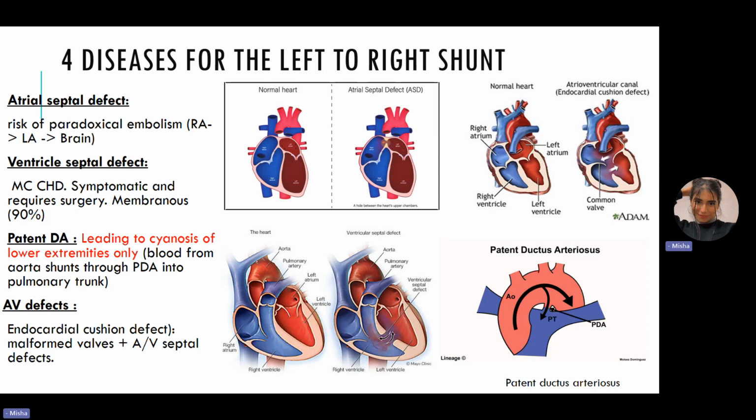But when we're talking about patent ductus arteriosus, what it does is the blood from the pulmonary artery, which is deoxygenated, will enter the aorta after those branches, and then where does the blood go? Into the abdominal aorta, right? So it goes to the lower limbs, and eventually what happens is that there's a mixture of this deoxygenated and oxygenated blood leading to cyanosis within the lower limbs only. So this is the most important point.